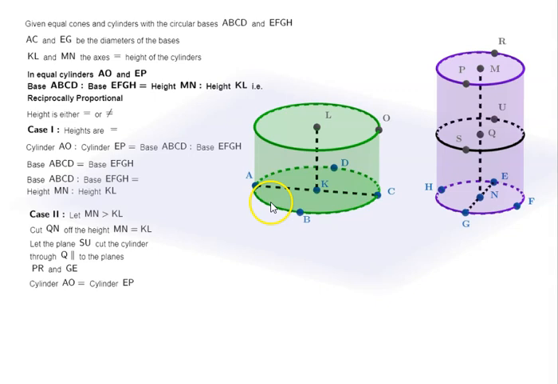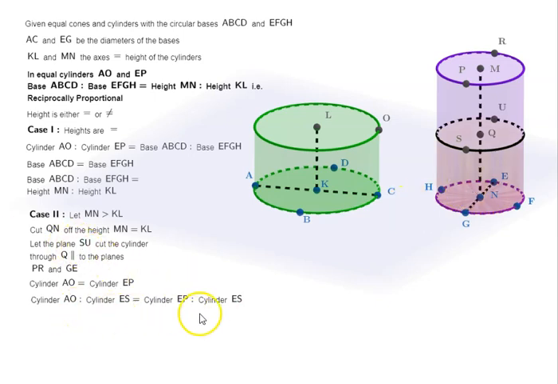Now we are given that cylinder AO is equal to cylinder EP. So cylinder AO is to cylinder ES as cylinder EP is to cylinder ES. Let me color these cylinders differently so that we can distinguish them. Okay.